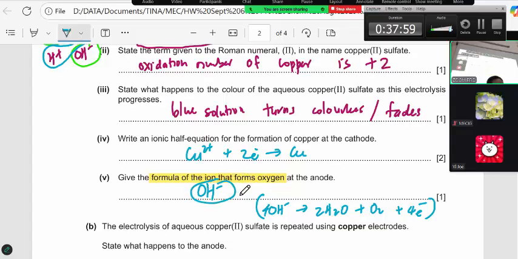If I write this instead of this, what does that mean? Can you say, teacher, I write equation or I'm smarter? No, cannot. Because the question says formula. So if you write equation instead of formula, it doesn't mean you're smarter. It means you don't know how to read.